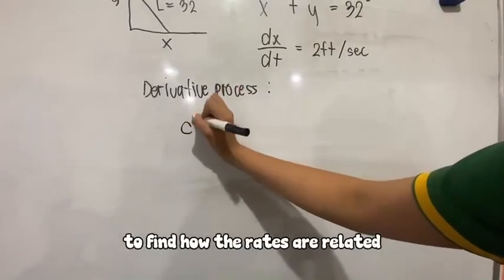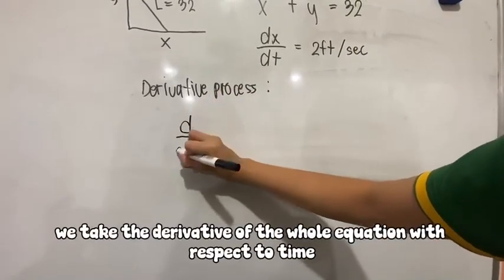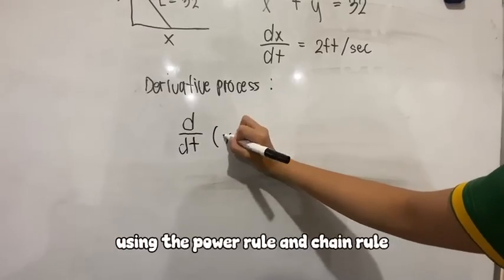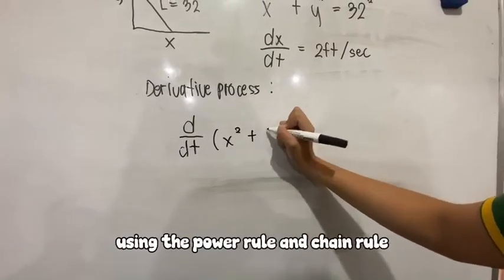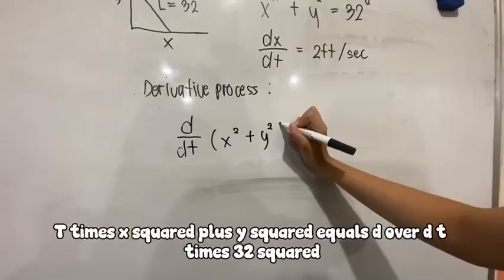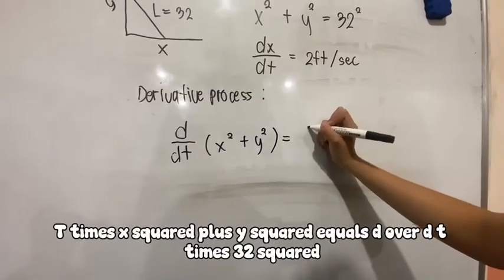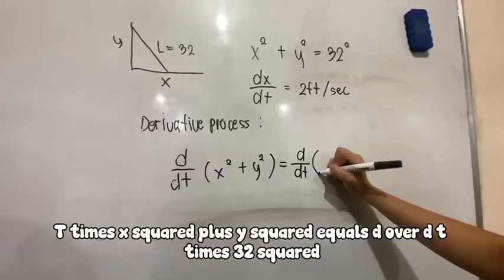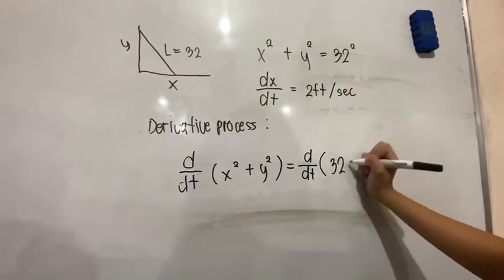To find how the rates are related, we take the derivative of the whole equation with respect to time using the power rule and chain rule. d over dt times x squared plus y squared equals d over dt times 32 squared.